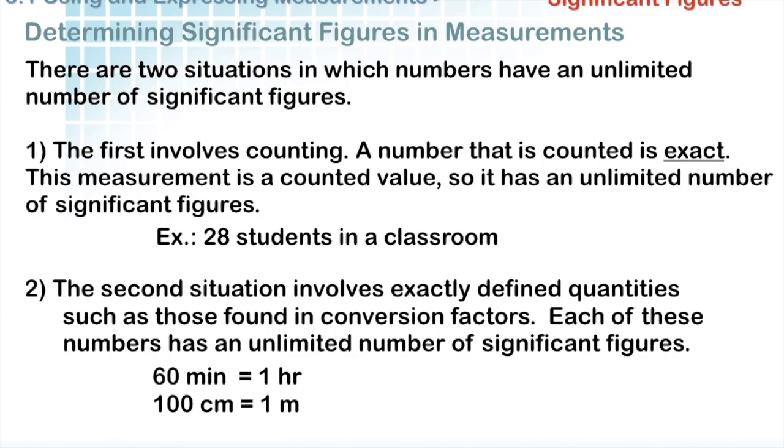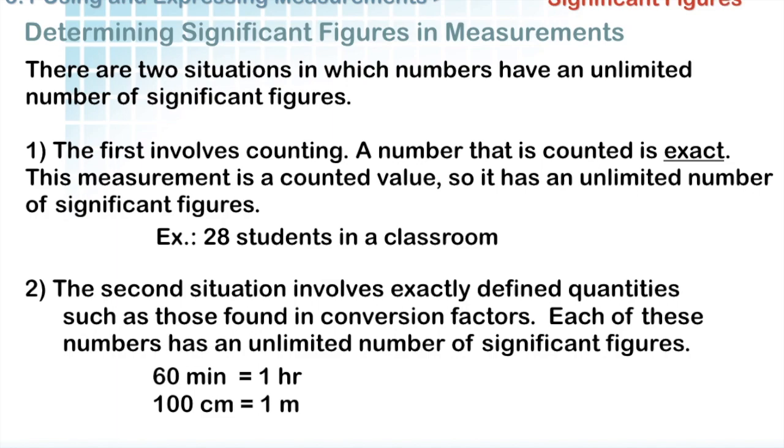The second one involves values that are found in conversion factors, like 60 minutes per hour, 100 centimeters per meter. Those have unlimited significant figures because you have exactly 1 hour, exactly 1 meter. So since they are exact, those are unlimited.